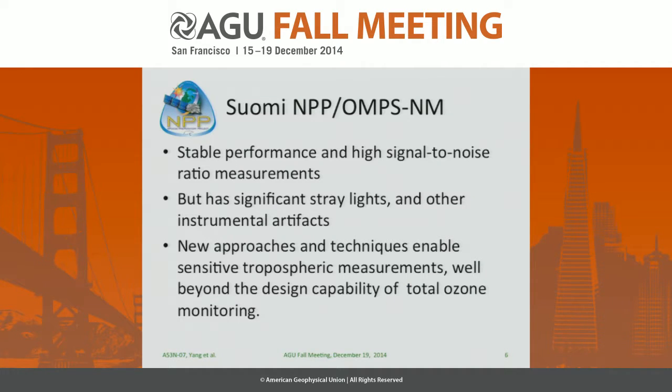The new technique I will describe, we apply it to the Suomi NPP OMPS Nadir Mapper. This is a very stable instrument with almost no degradation. It has a very high signal-to-noise ratio measurement, but it has a significant straight line and other instrument artifacts, as well as ghosting and other artifacts.